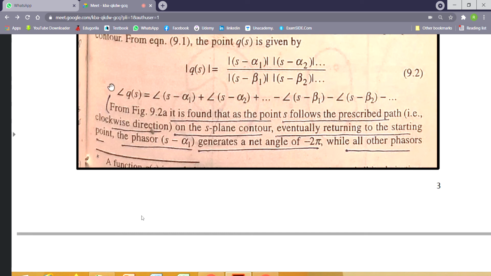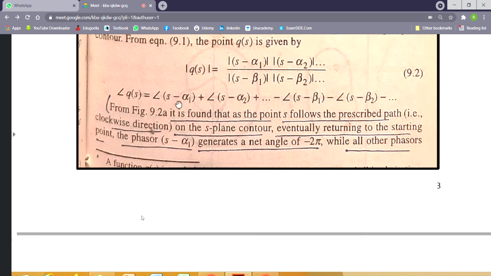Since we are moving in the clockwise direction, delta QS will be minus 2 pi.